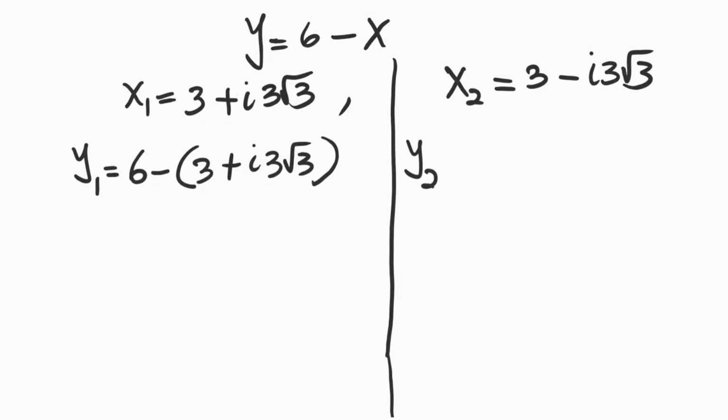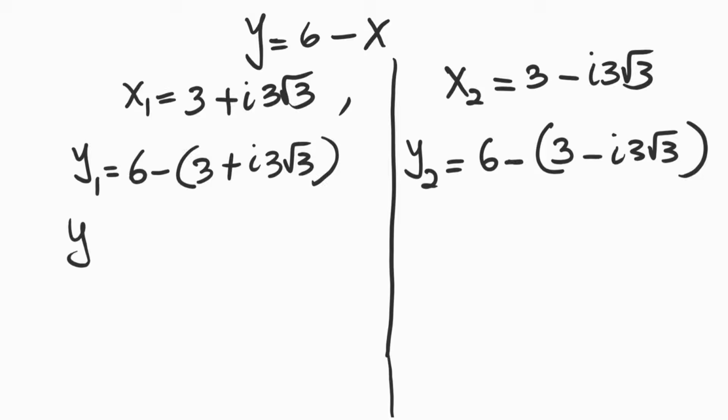For y2, we have 6 minus x, where the x value is 3 minus i3√3. Now let's open up the bracket. Y1 is equal to 6. The minus will multiply through everything in the bracket. It becomes minus 3, and minus times positive gives us minus i3√3.